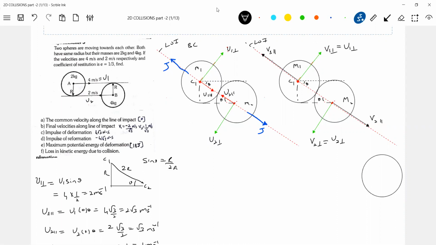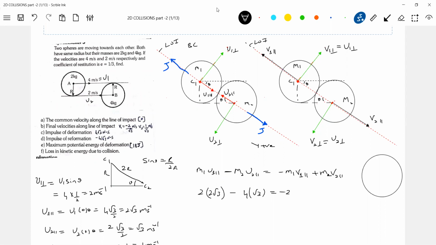So applying conservation of linear momentum, m1 u1 parallel minus m2 u2 parallel. I am going to choose this direction as positive. This should be equal to minus m1 v1 parallel plus m2 v2 parallel. m1 is how much? 2 kg. u1 parallel is 2 root 3. m2 is 4, u2 parallel is root 3.